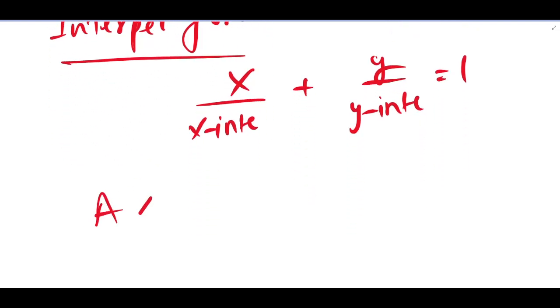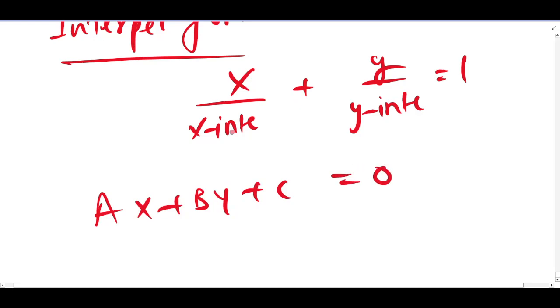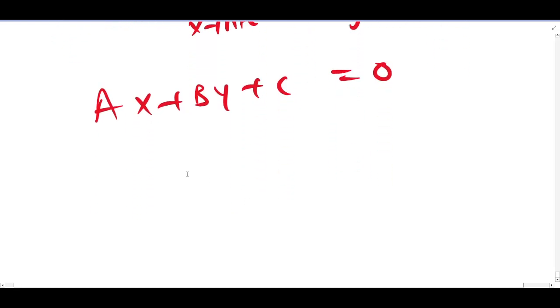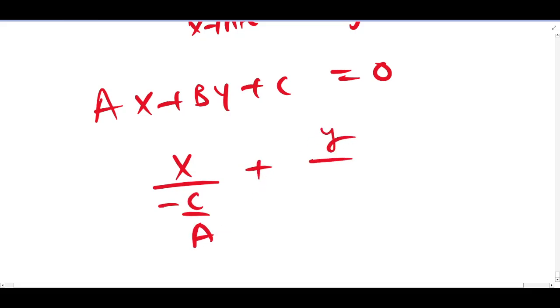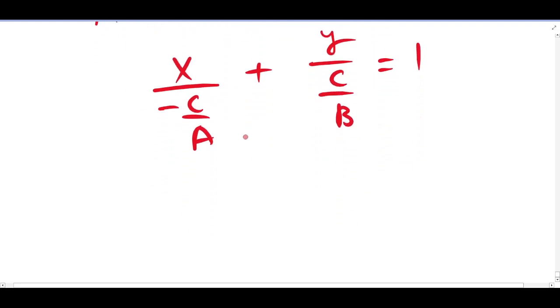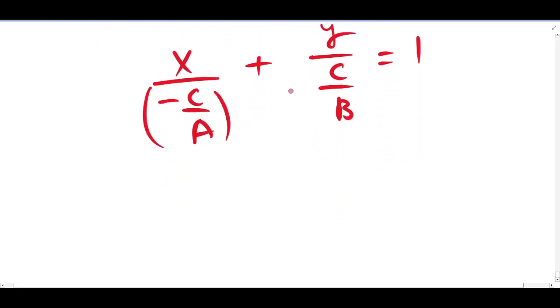So if we have ax plus by plus c is equal to 0, then after rearranging the terms we get x by minus c by a plus y by c by b is equal to 1. So this is x-intercept and this is y-intercept.